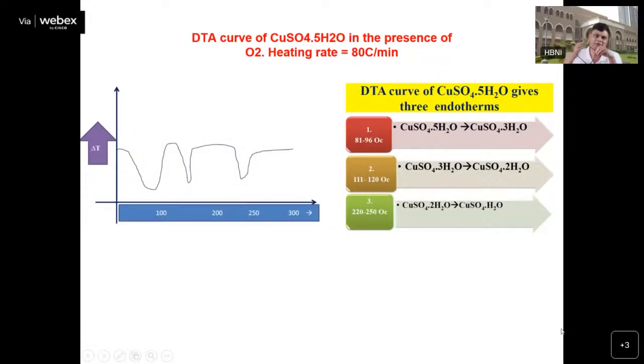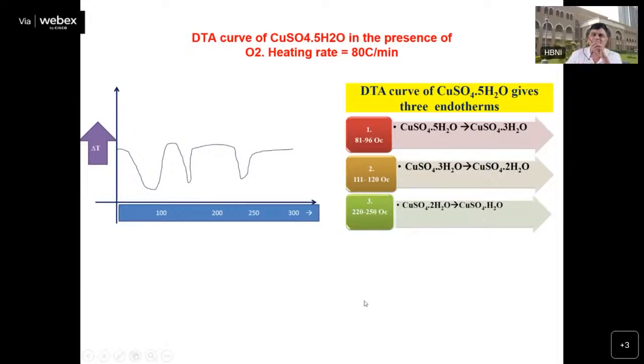This is the DTA curve of copper sulfate pentahydrate in the presence of oxygen, and the heating rate is about 8. By mistake it's written otherwise, it's 8 degrees centigrade per minute only.